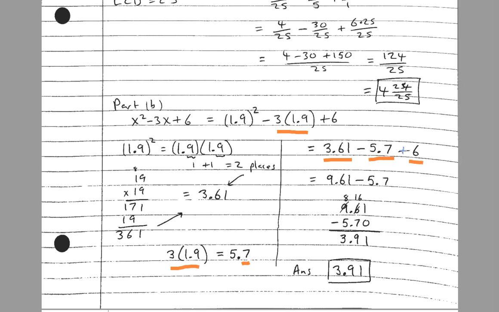Again, we'll add the positive numbers together first. That's 9.61, and subtract the 5.7. And remember, when adding and subtracting decimals, just line up the decimal point. And we're getting 3.91.